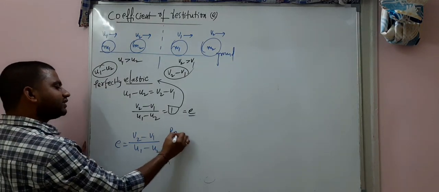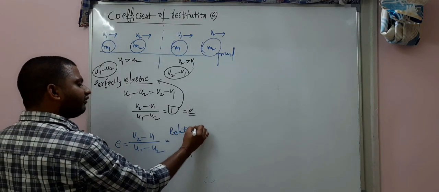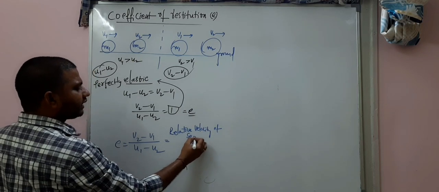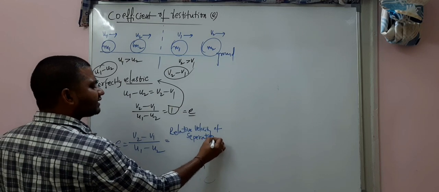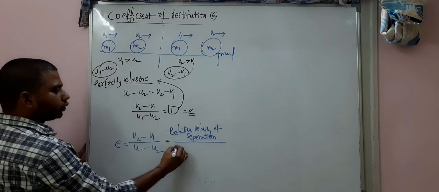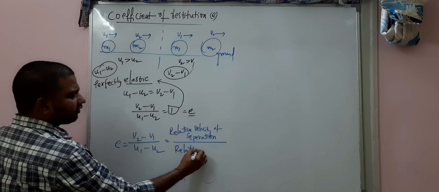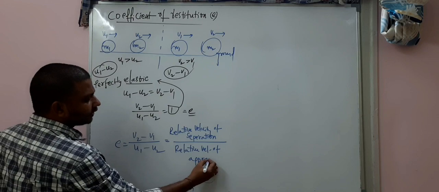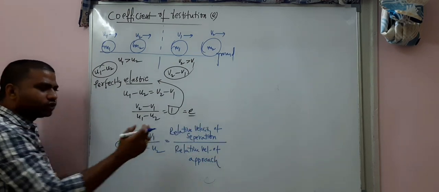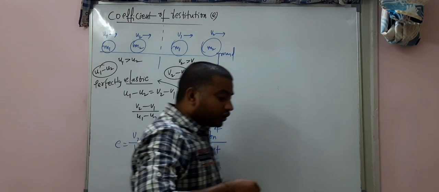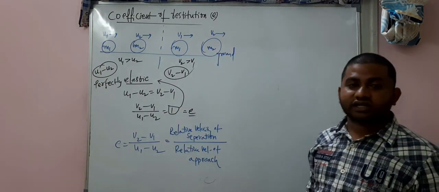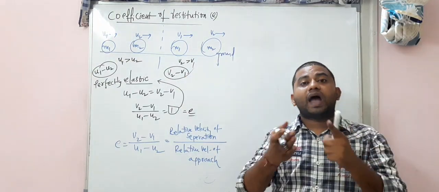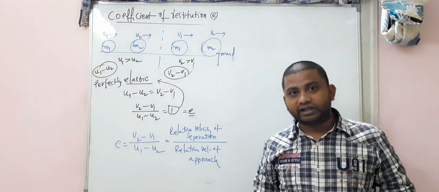This is the relative velocity of separation to the relative velocity of approach. You look at the difference between numerator and denominator. The relative velocity of separation is after the collision, when both bodies are separated, to avoid further collision, as I have already discussed.